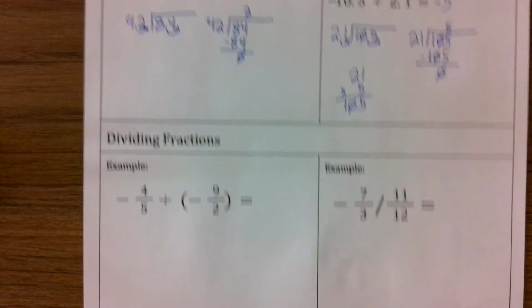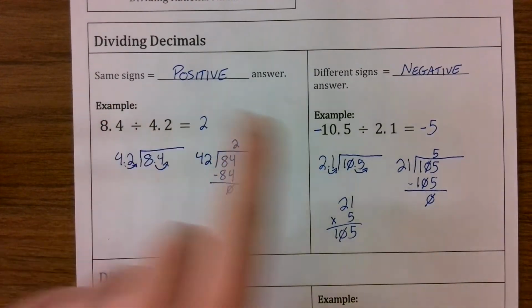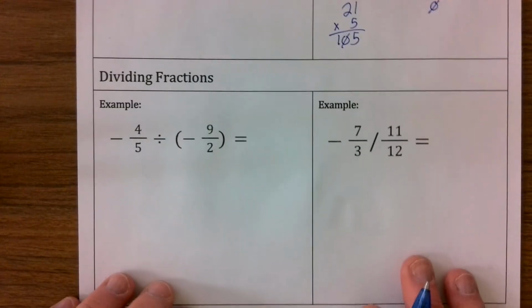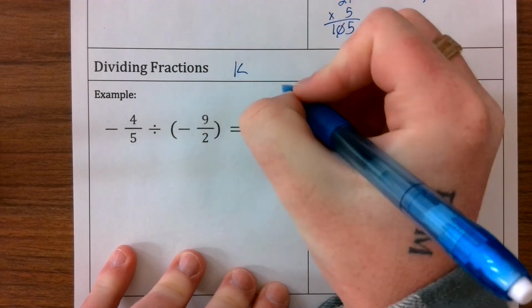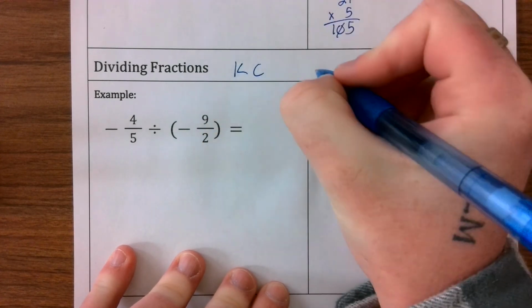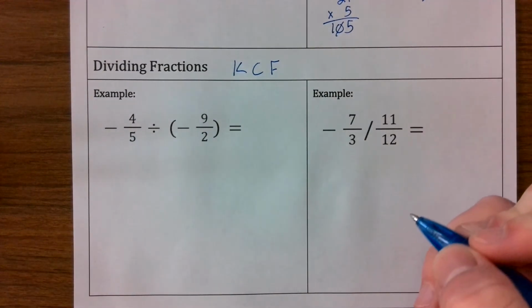All right, let's move on to dividing fractions. Remember, we keep the same rules. Same signs positive, different signs negative. And now we're dividing fractions. Remember, our rule for dividing fractions is we keep the first number, change the sign to multiplication, and flip the second fraction.